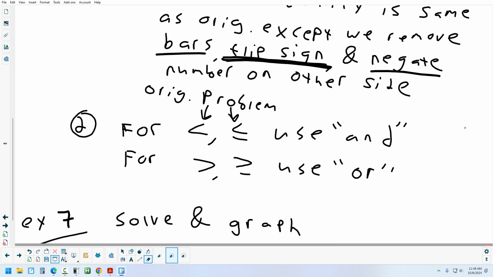The way I remember that it's an "or" is instead of pronouncing this symbol as greater, think of it as a greater symbol. So the greater symbol has an "or." If you say it that way, it might help you to remember. So greater is an "or." Less than is an "and." Less than, and. Greater, or.